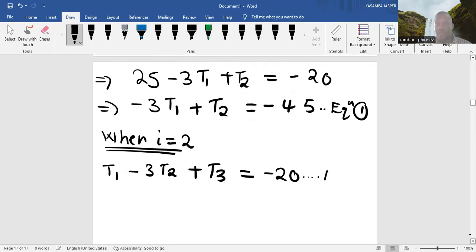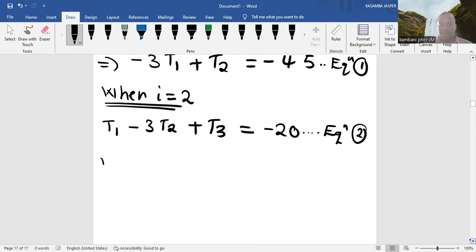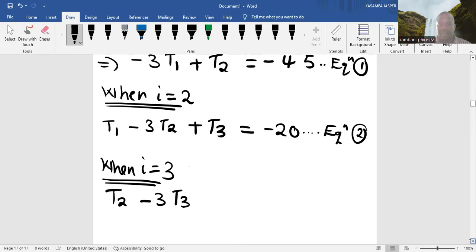This one becomes our equation 2. Then when i is equal to 3, it will be 3 minus 1, so we'll have T2 minus 3T3 plus T4 is equal to negative 20.